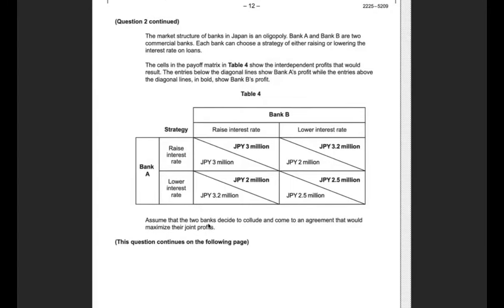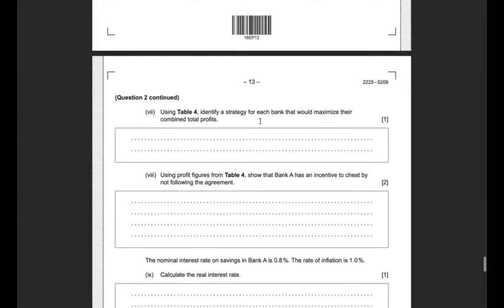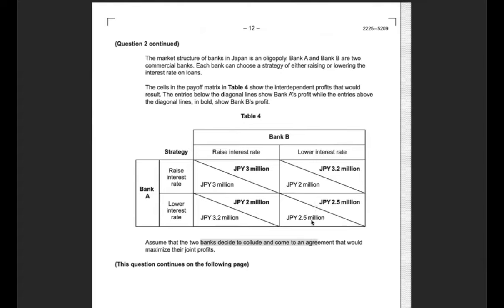The given information says the banks decide to collude. In other words, they're not going to pursue the strategy that is only best for themselves. So for the question, using table 4, identify a strategy for each bank that would maximize their combined total profit. If they collude, they pursue combined profit, choosing the biggest combined profit.